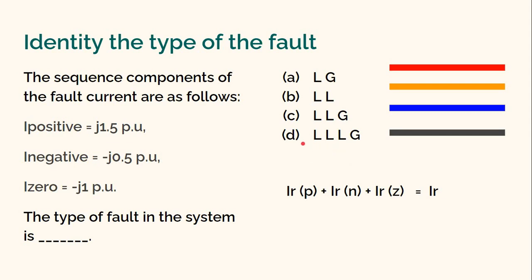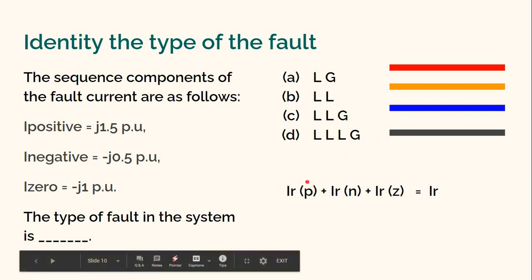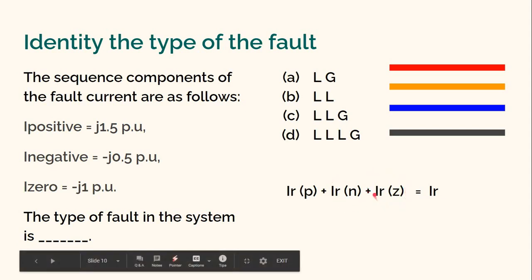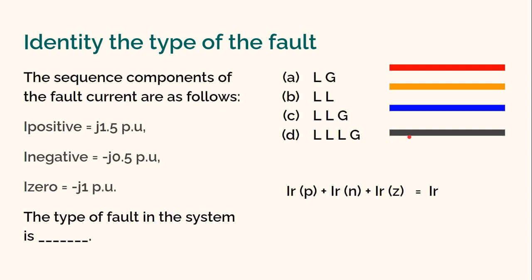First, option D. Here you have a triple line to ground fault. But triple line means all 3 phases are involved, so the fault becomes balanced in nature. For a balanced system, only positive sequence components exist. No negative and zero sequence components will be present, irrespective of the presence of ground.